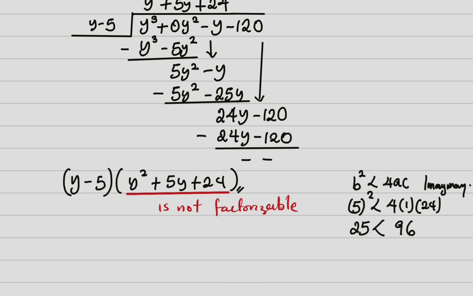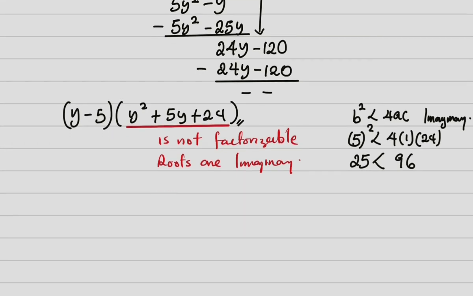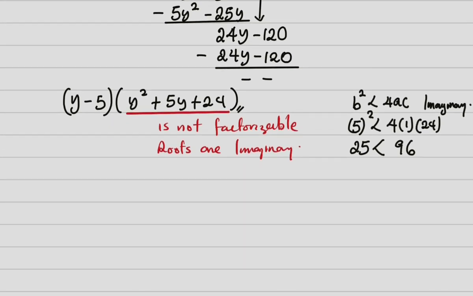So the roots are imaginary. So the only thing we can work with is y equals 5. That is the only real value that can actually be a solution to the polynomial.